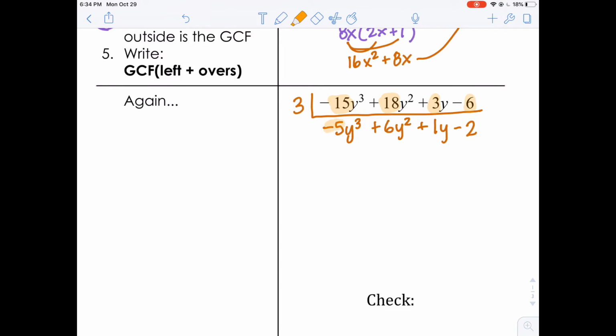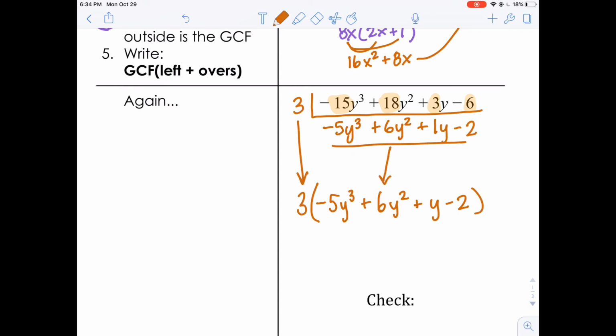And when I'm looking now, negative 5, 6, 1, and 2, those don't have anything left over in common. So I know that what I have here is my GCF, the 3. Then I have negative 5, y cubed, plus 6, y squared, plus y minus 2. All of this is going to go inside there. So I think that that's my answer.